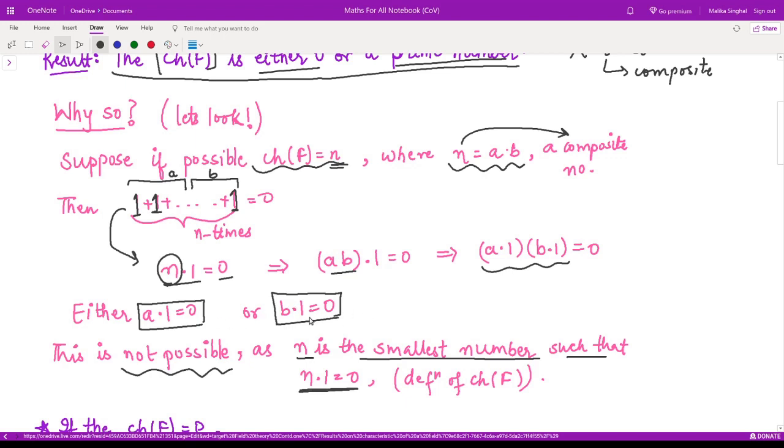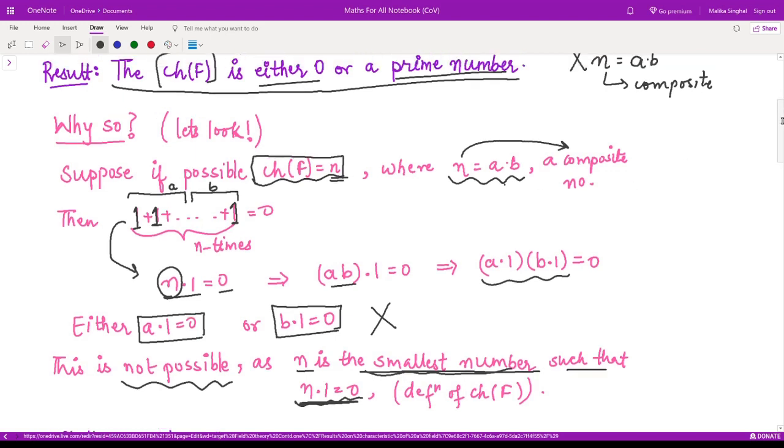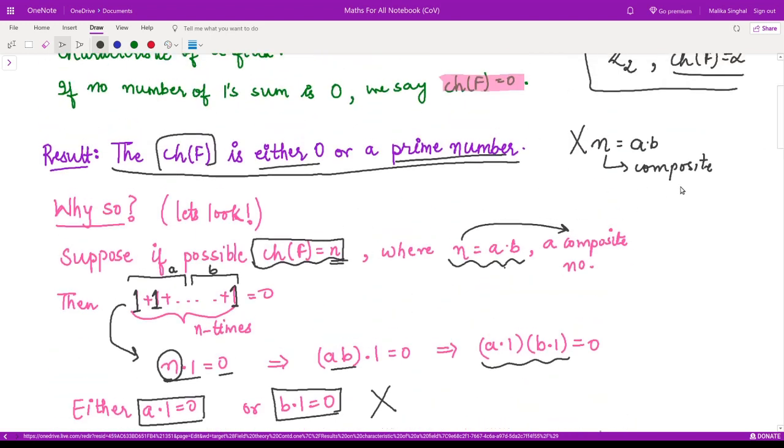That is not possible because n was the smallest number satisfying this. Therefore this cannot be true. So our assumption that a composite number n is the characteristic of a field is not possible. So the characteristic is either 0 or a prime number, right?